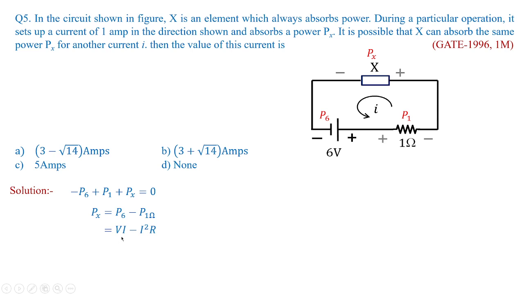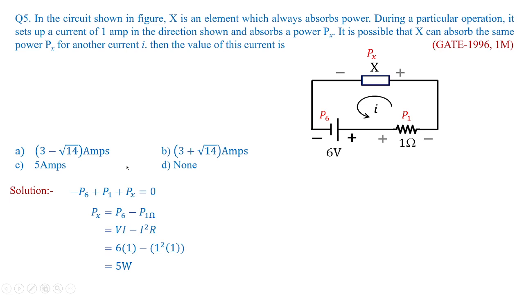So I'm going to substitute the value of 1 ampere in this equation. I'll get Px equal to 6 into 1 ampere minus I square, that is 1 square into R. R value is 1 ohm. So the net value of power is 5 watts. What is asked in the question? During a particular operation, it sets up a current of 1 ampere in the direction shown and absorbs a power of Px. So the value of Px is 5 watts.